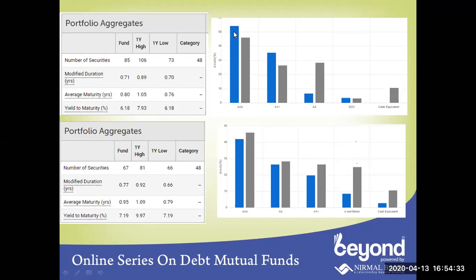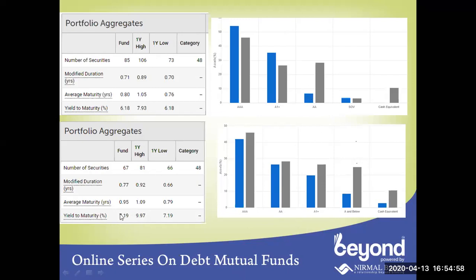In the second portfolio, the exposure in AAA is around 41%, and the AA exposure in the second fund is around 25-27%, while in the first fund the AA exposure is around 5 to 7%. So this is the difference.